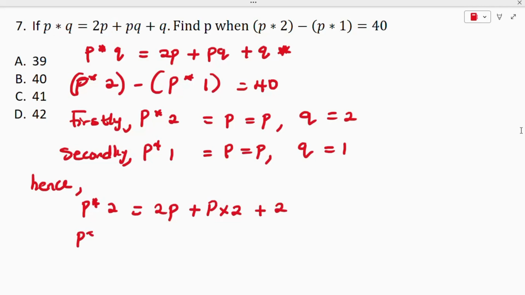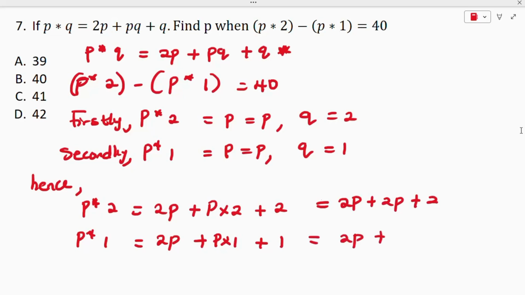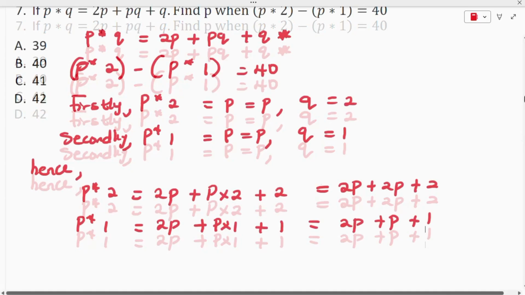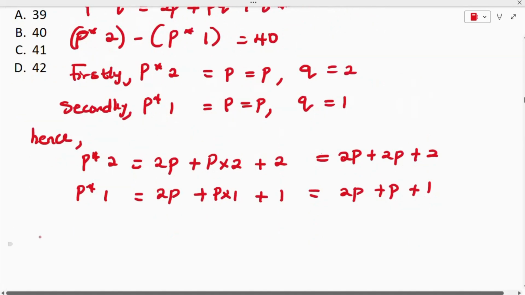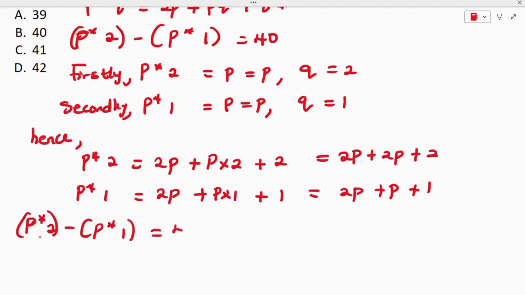Then we have P operation 1 is equal to what? 2P plus P times 1 plus 1. So this is equal to 2P plus 2P plus 2, and this is equal to 2P plus P plus 1. So putting it into the equation, we have that P operation 2 minus P operation 1 is equal to 40, right?